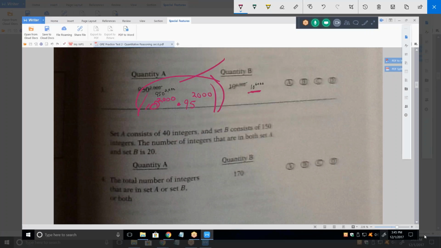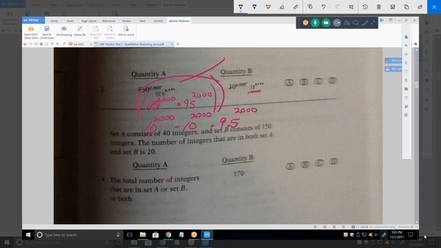If I were going to split this up, I would say 10 to the 2,000 times 10 to the 2,000 times 9.5 to the 2,000. With me? Okay. Now, which is bigger?